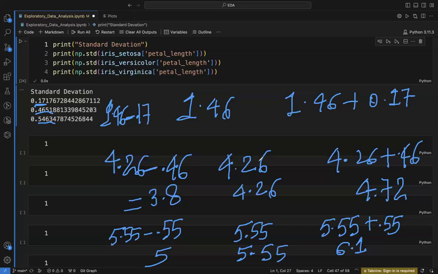So by just looking at mean and variance, I can imagine this plot in my head. That's the advantage of mean and variance.